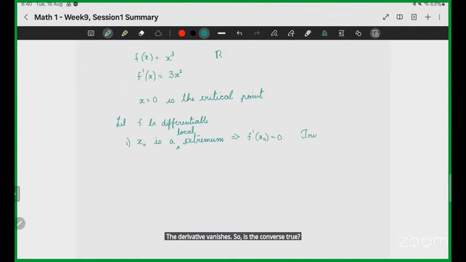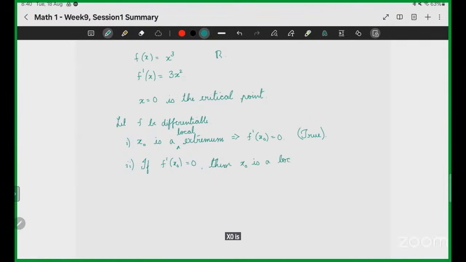So this is true. What about: if f prime at x naught is equal to 0, then x naught is a local extremum. Is this true?